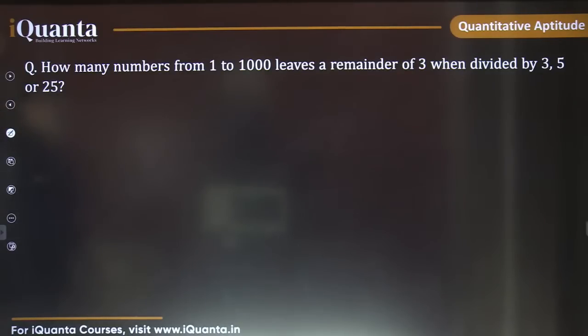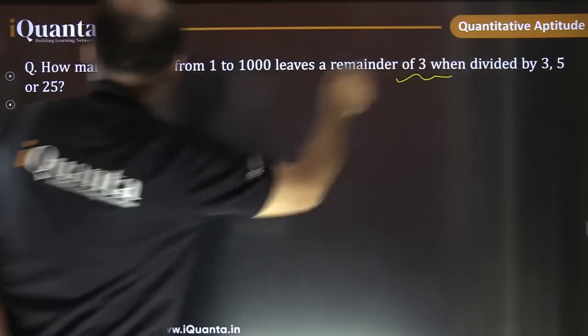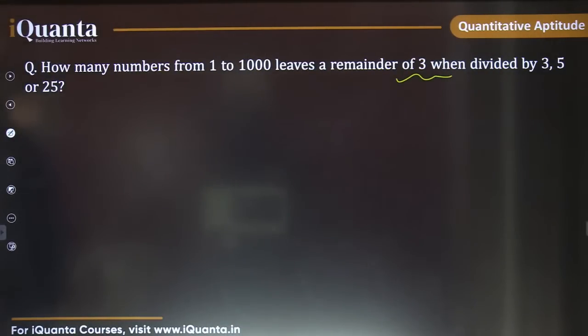How many numbers from 1 to 1000 leave a remainder of 3 when divided by 3, 5 or 25? That's a good question. Please answer this one.